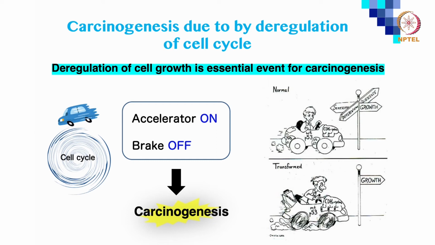The cartoon shows the normal and cancer cells. Normal cells can drive to growth, senescence, differentiation, and quiescence. But cancer cells have a bigger engine and do not have a brake. Therefore, cancer cells can drive to only growth.